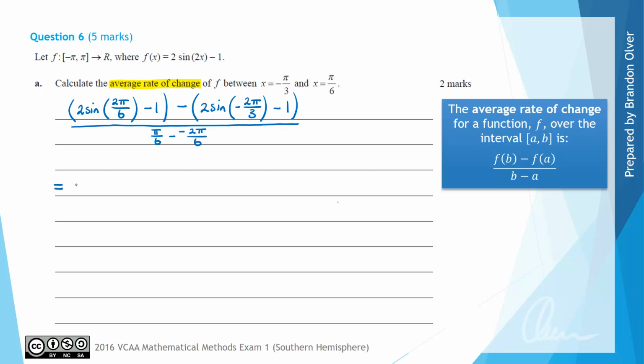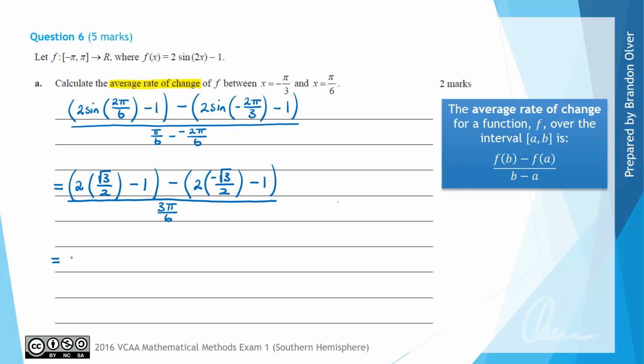So this is going to equal 2 times sine of 2 pi on 6, which is the same as sine of pi on 3, which has an exact value of root 3 on 2, subtract 1, and we subtract away from that 2 sine of negative 2 pi on 3, and sine of negative 2 pi on 3 is negative root 3 on 2, and then we subtract 1 from that. That's divided by pi on 6 plus 2 pi on 6, which is 3 pi on 6.